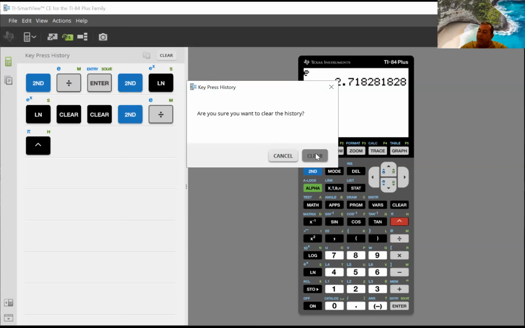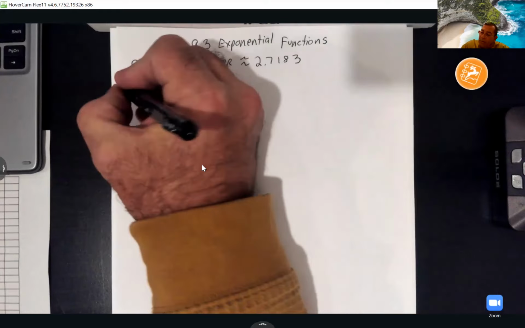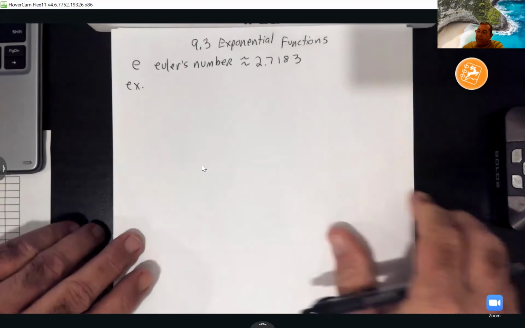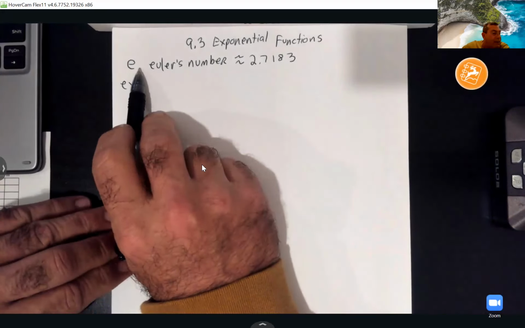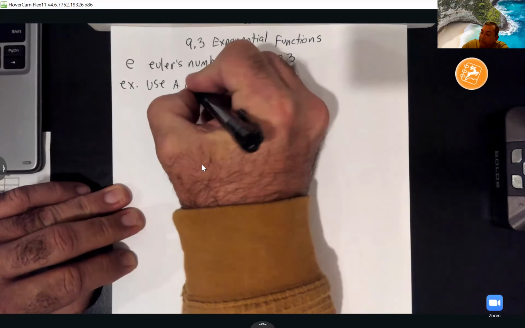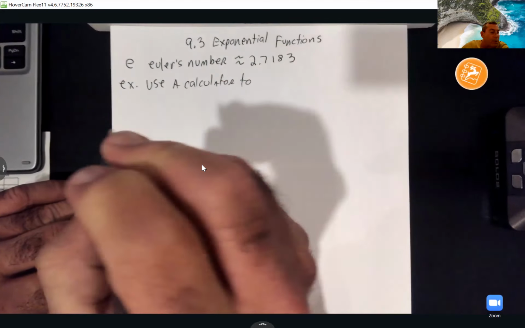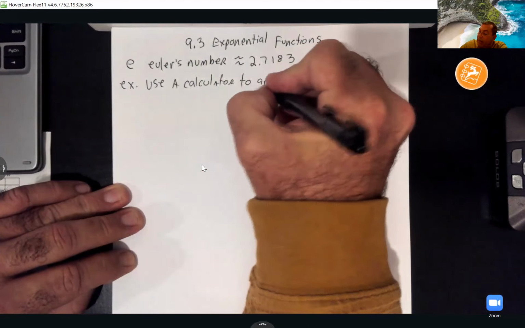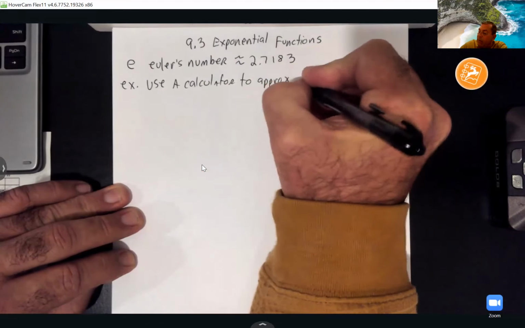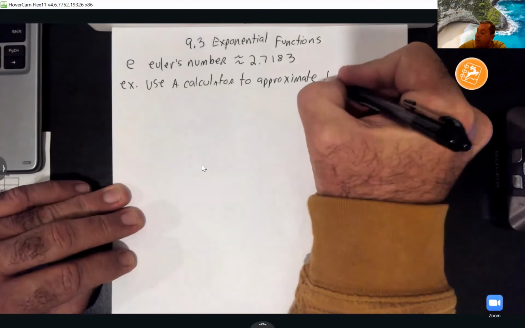So like I said, E was 2.7183 rounded off. For the first two problems, to get you used to the E, they want us to use a calculator to approximate to 4 decimal places.